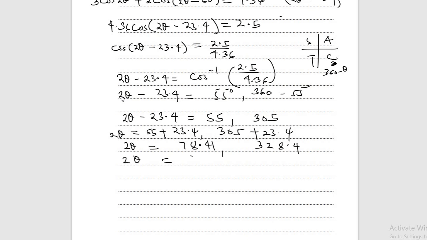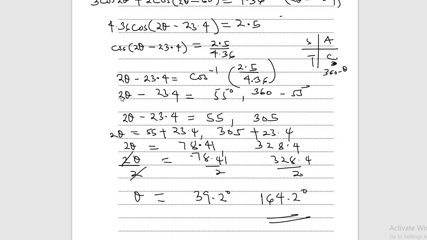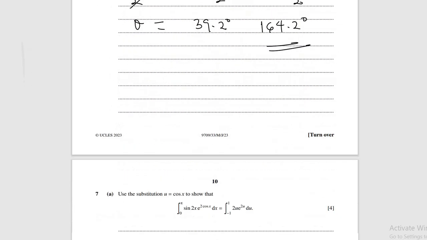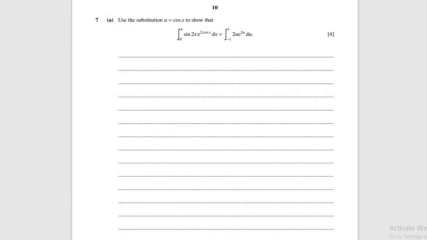Divide both sides by 2. So theta will be 39.2 degrees and also 164.2 degrees. We are getting 2 angles because the function of theta is 2. If the function is 3, you get 3 angles. That's the logic.